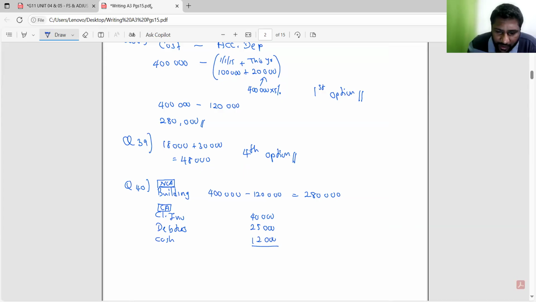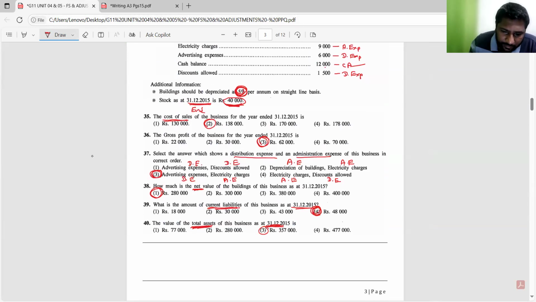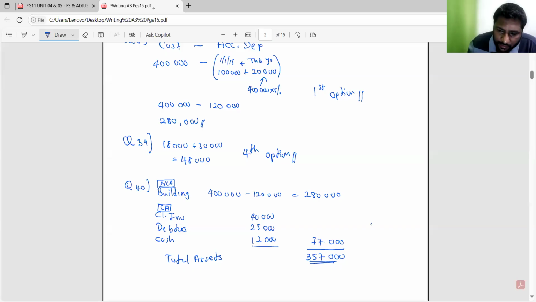Then what's the total of current assets? 65,000, 77,000. Then how much is total assets? 357,000. Which option? It's there in the third option.